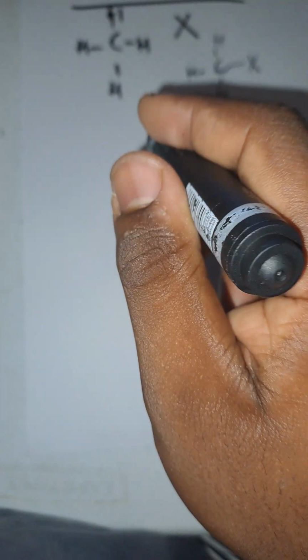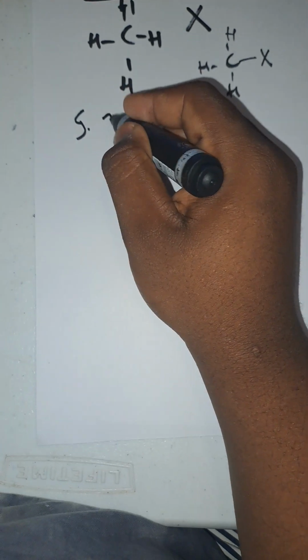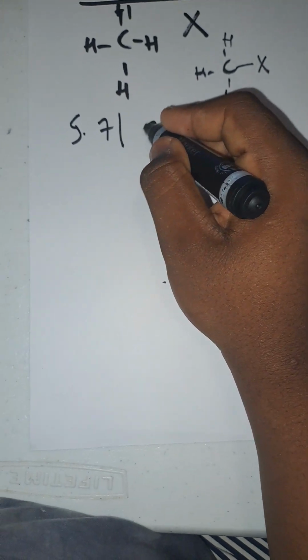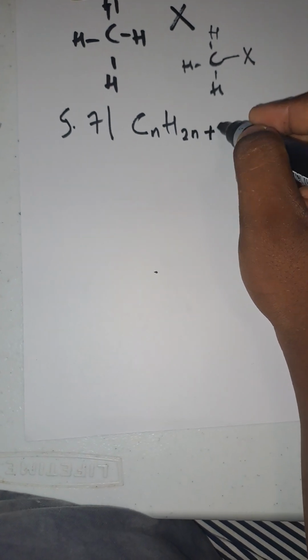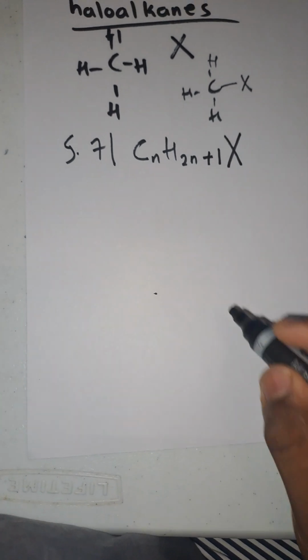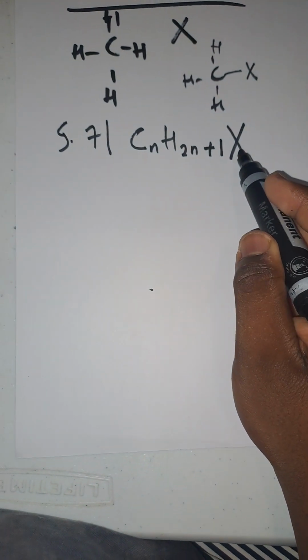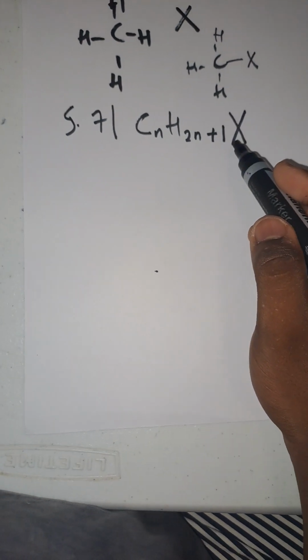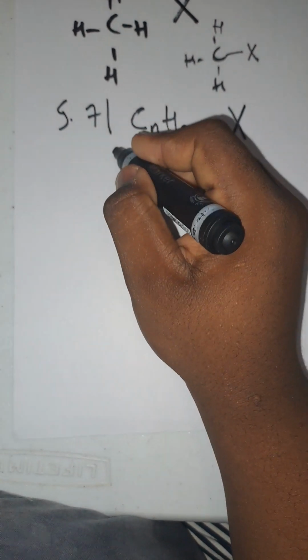But before we continue, what is the general formula for haloalkanes? It is CnH2n+1X. Can you see it? This is the general formula, and X is the halogen atom. Now, what are those halogen atoms?